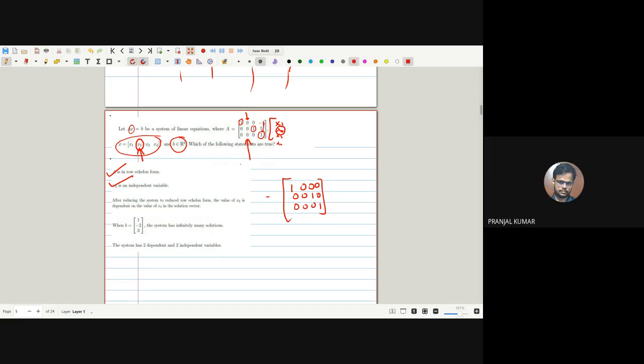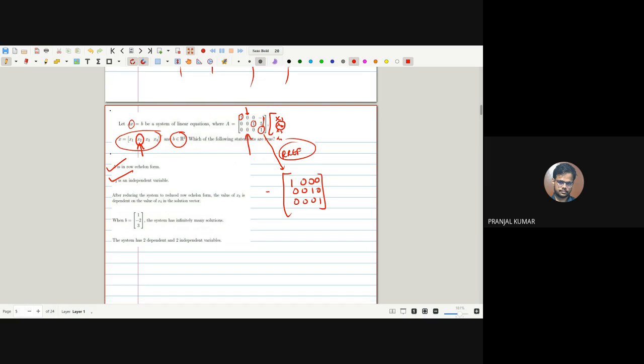Sir, can we say that all dependent variables are dependent on x2? No. See, the thing is, it depends. You would have to rewrite the system. All you can say is what the independent variable is.